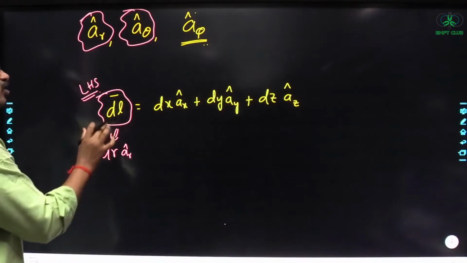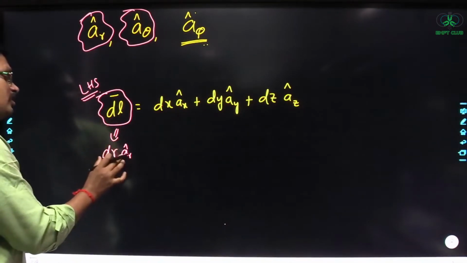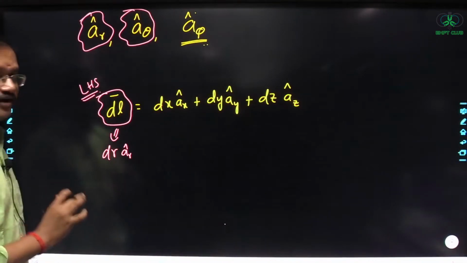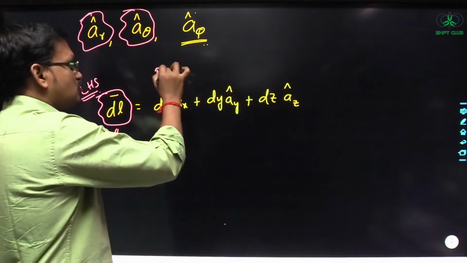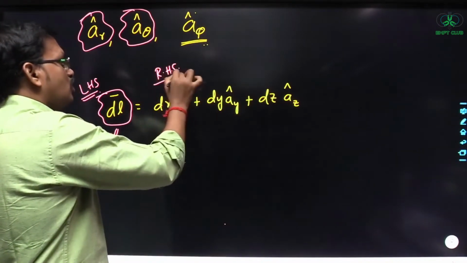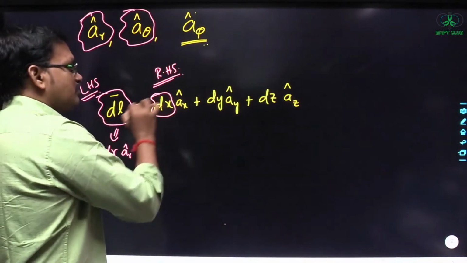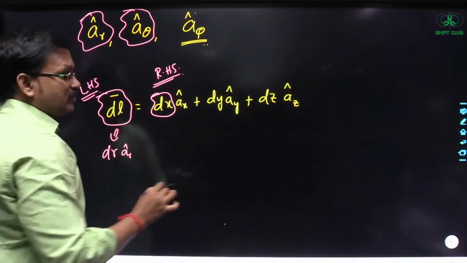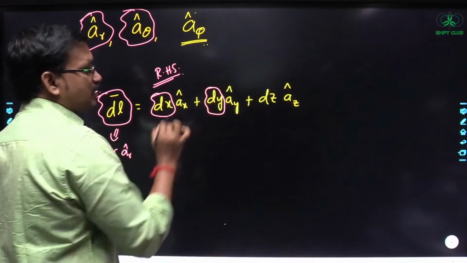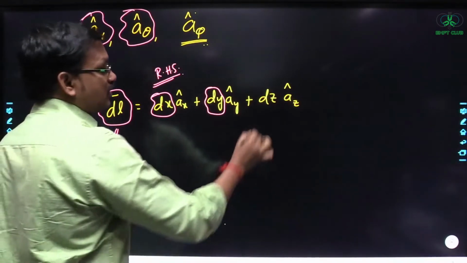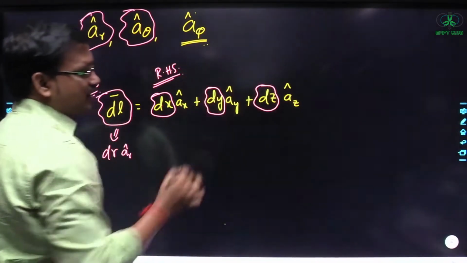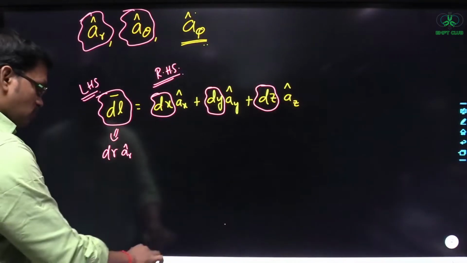Since we determined the differential length by varying only r on the LHS, on the RHS also you have to determine dx, dy, and dz by varying only r. How can we determine that?